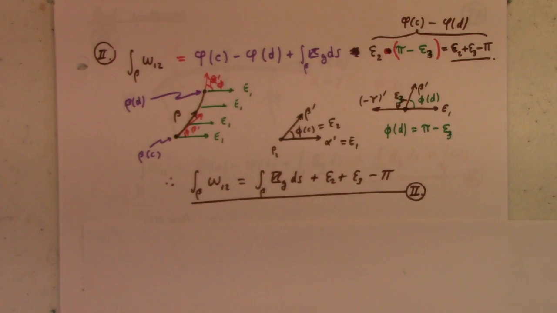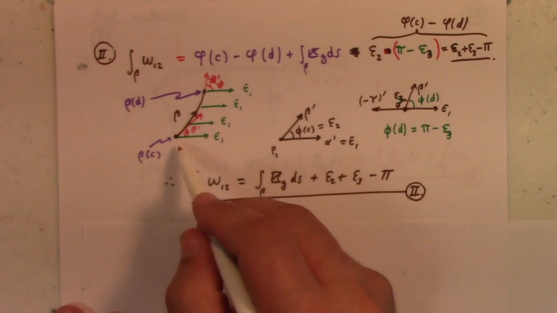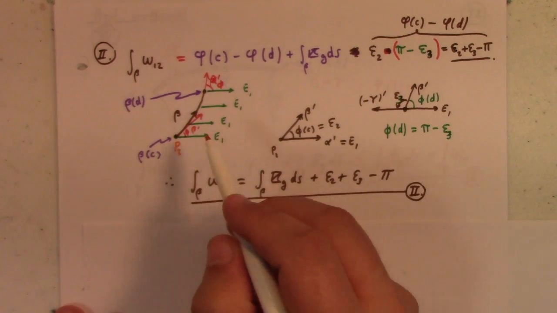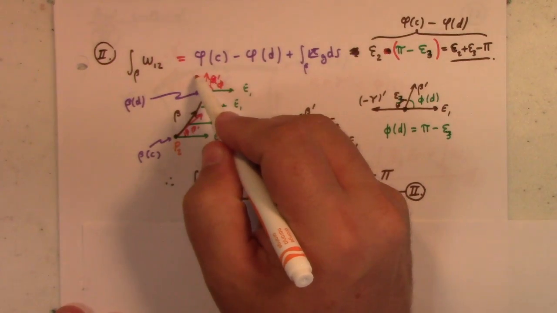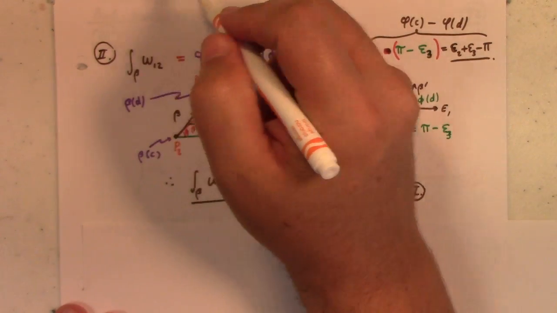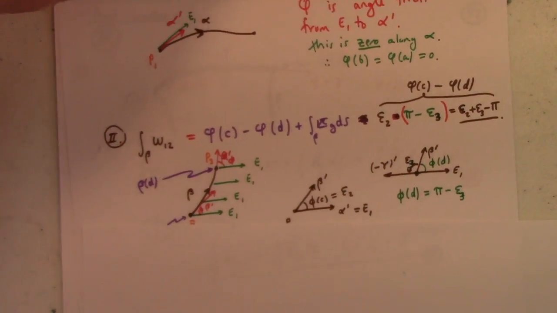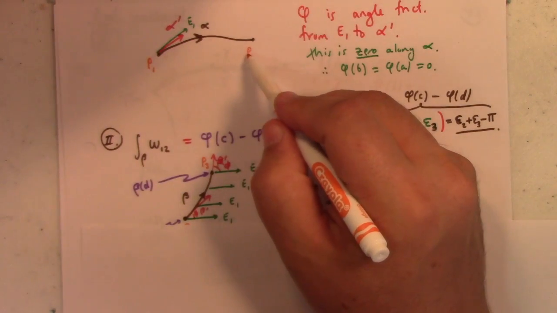I think the numbering, hopefully, is right. So beta went from P2 down here up to P3 up here, right? Whereas alpha went from P1 to P2, right?